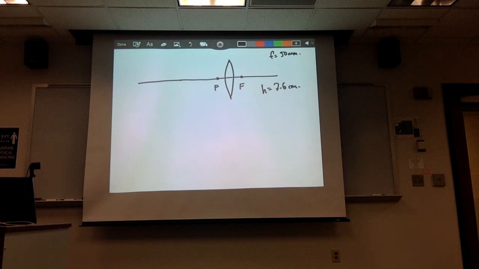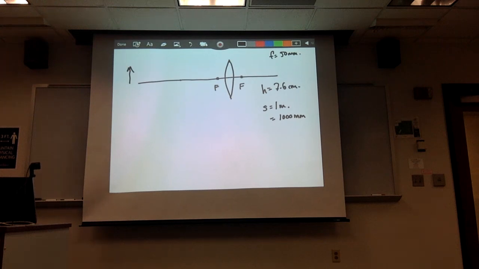There it is, 1 meter. So our object distance is 1 meter in front. 1 meter is the same thing as 1,000 millimeters, so that's going to be out here-ish. Right out here is the location of my object.